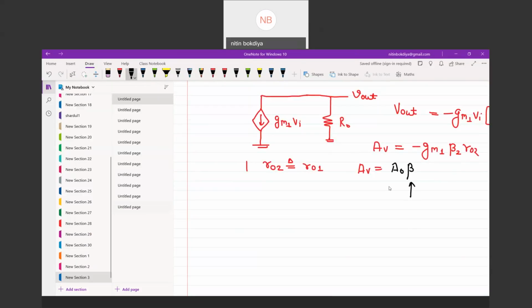And this is the beauty of the cascode circuit. So what is the cascode circuit doing? The cascode circuit is acting as a resistance amplifier, a resistance magnifier.